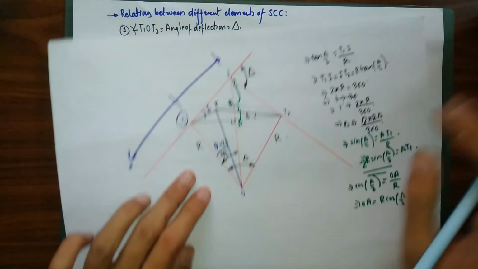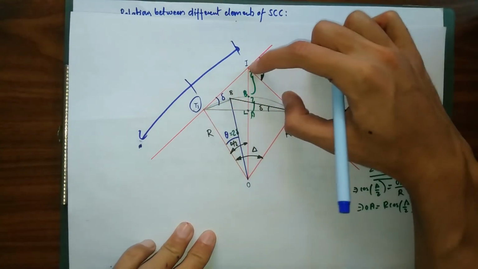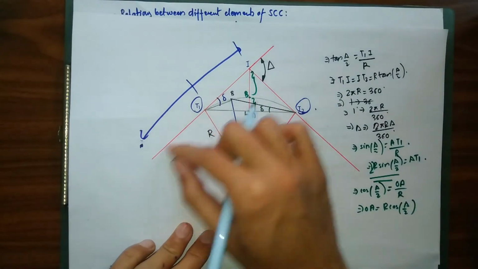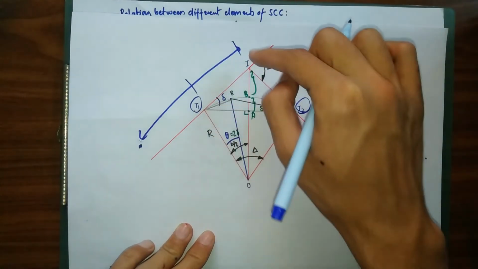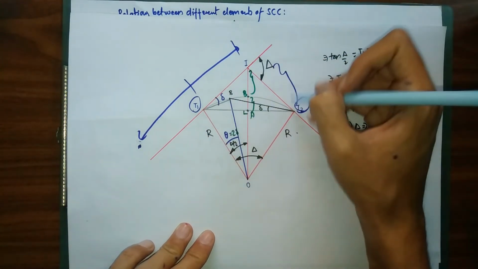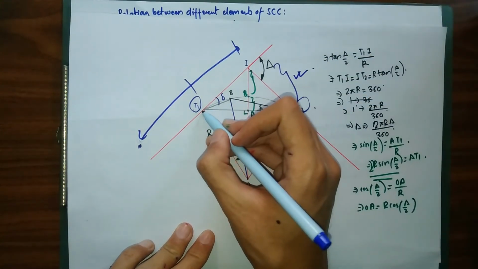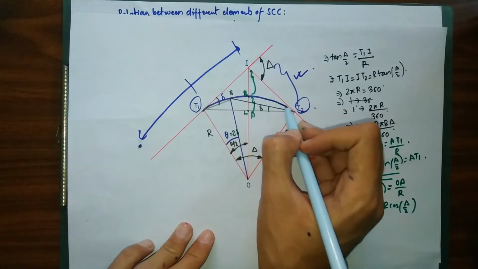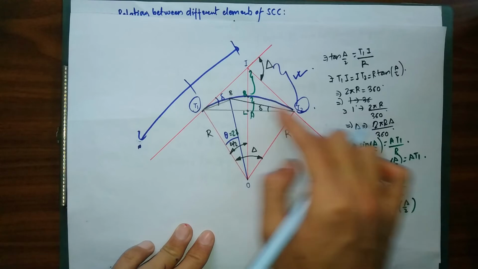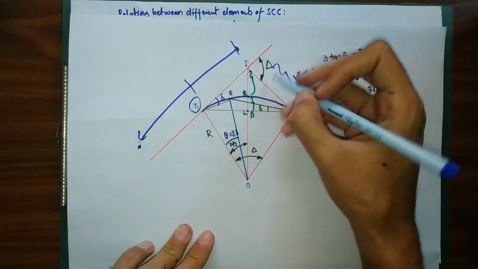So you might have a question: why didn't we add our forward tangent in order to find our chains of point of tangency? This is because while we are moving from T1 to I and from I to T2, our direction of alignment is not this. We do not follow this direction of alignment, but we are going to follow the alignment of the curve. From our point I, we are going to move forward in the sense of our curve, not following this forward tangent.